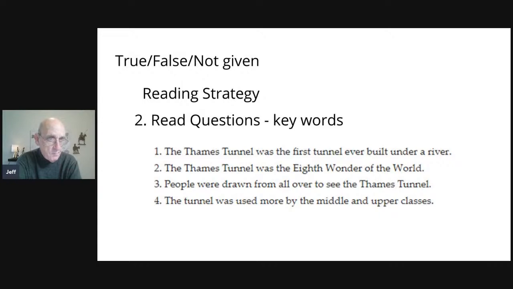We haven't looked at the passage yet, and we're not going to look at it until after we look at the questions. By the time we've dealt with the questions and underlined the keywords, we could already have a very good idea about what the passage, the text, is going to be about.